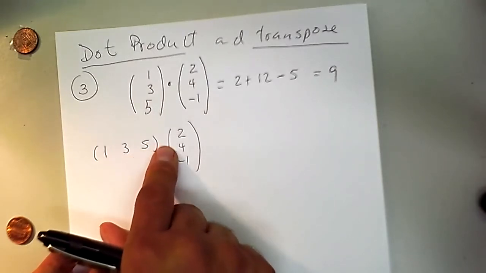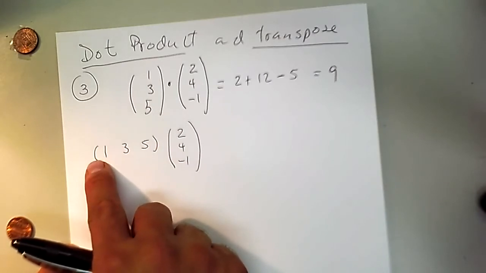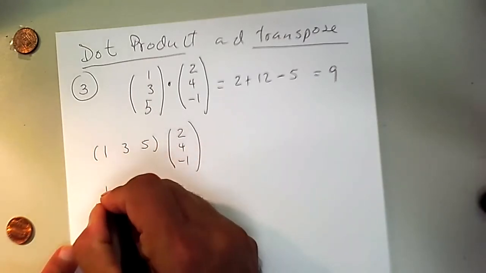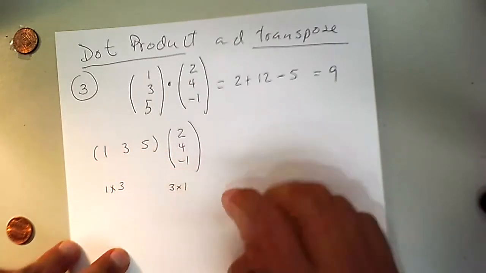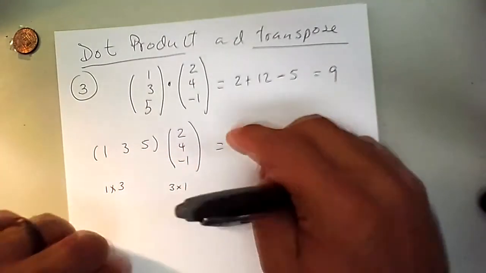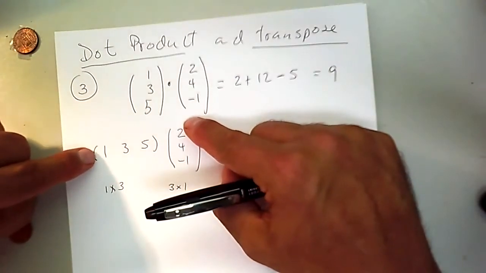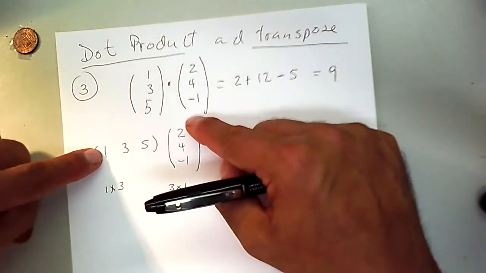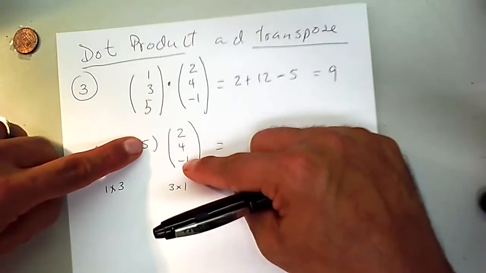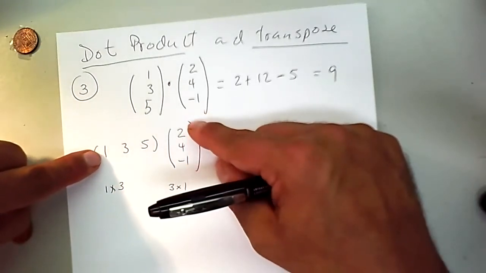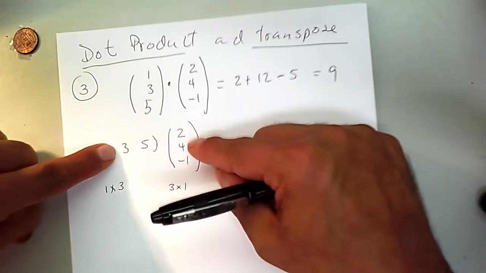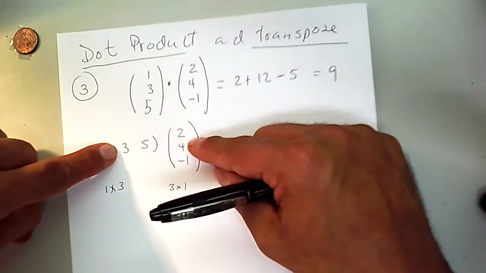We don't have the dot product because this is a matrix that is 1 by 3. This matrix is 3 by 1. And we know how to multiply matrices. It is almost the same as the dot product, except that one is horizontal. And we're multiplying this row with this column. So we have 2 plus 12 minus 5.